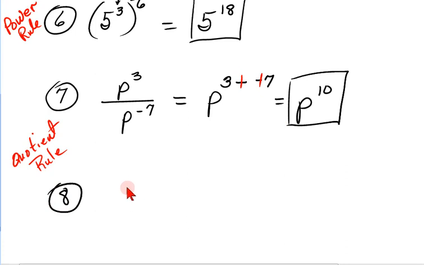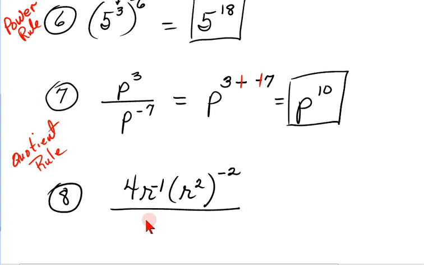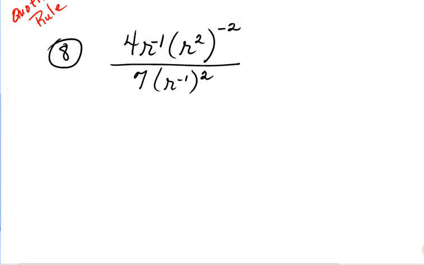I have a lot of things. 4 r to the -1 times r to the 2nd raised to the -2, all over 7 times r to the -1 raised to the 2nd. This is the question on the review that requires the use of multiple rules.